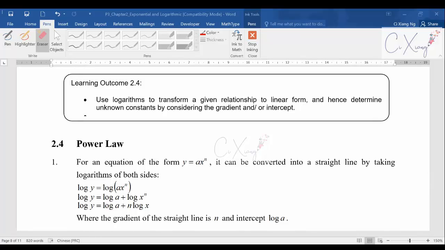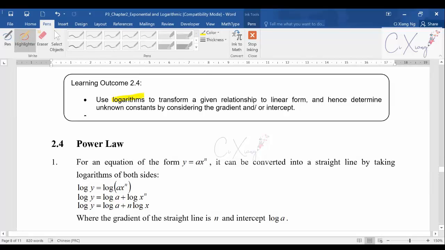Okay, so here we come to the part which is power law. That means when you have a curve, by taking log or ln at both sides, you can change your equation to a linear form. This is what you can see from the learning outcome here: use the logarithm function to transform a given relationship to a linear form, and hence determine unknown constants by considering the gradient and also the intercept.